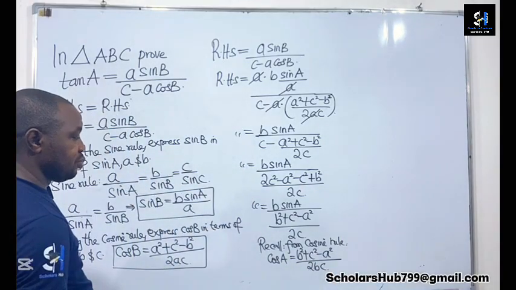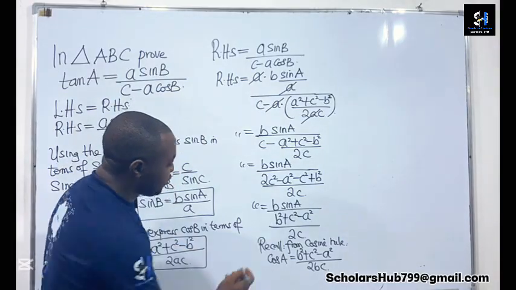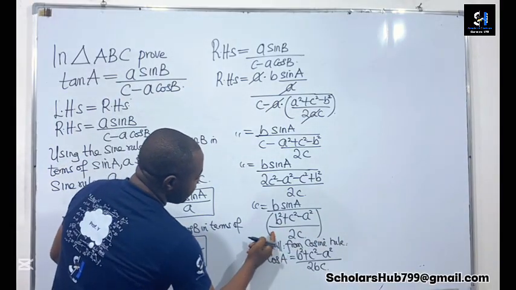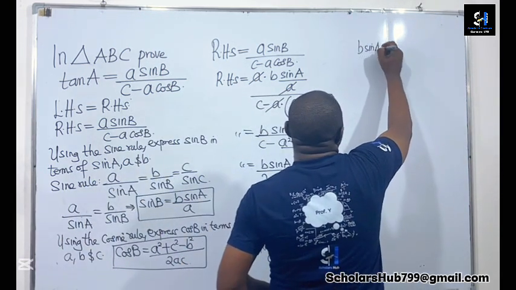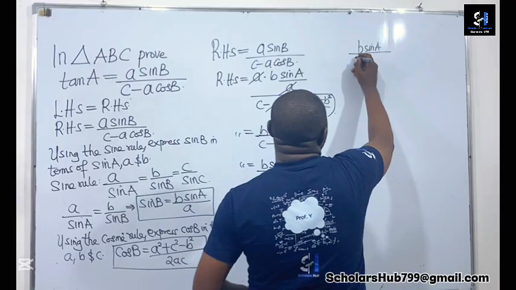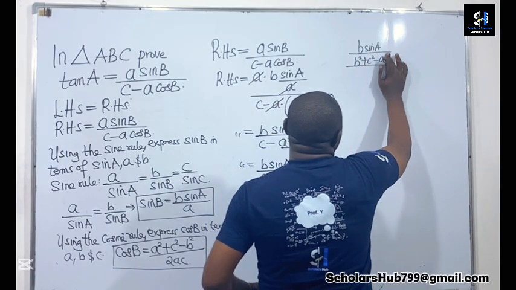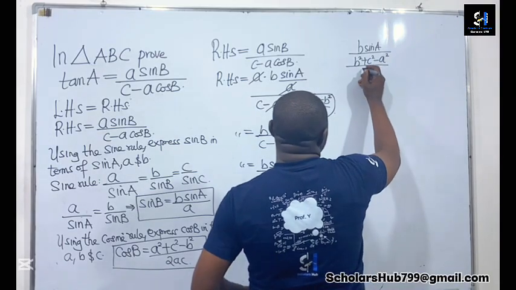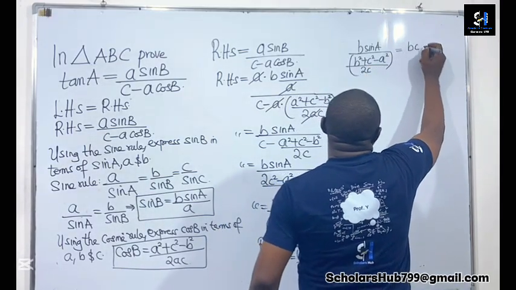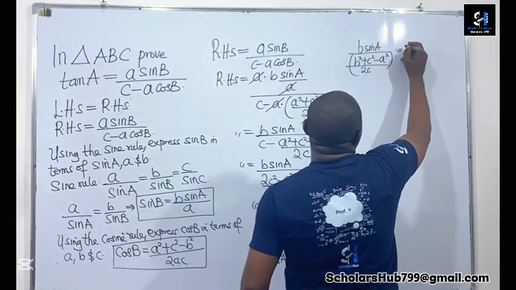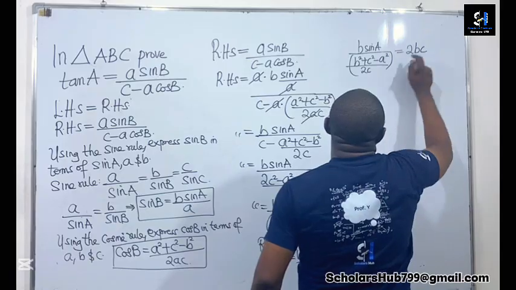So if I flip this fraction, this should be bc, and the 2bc comes here.